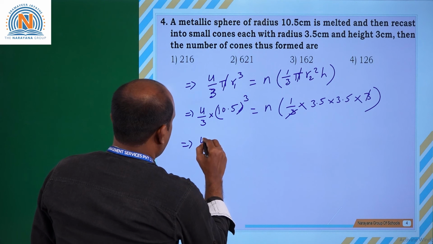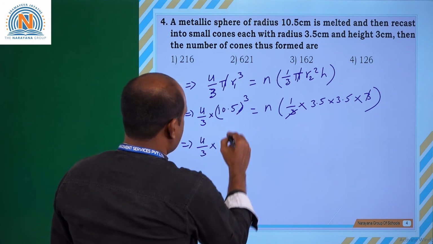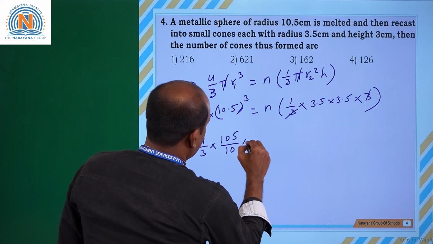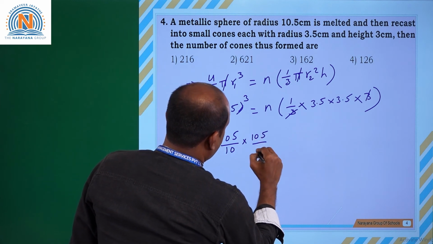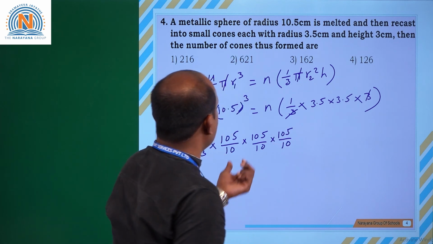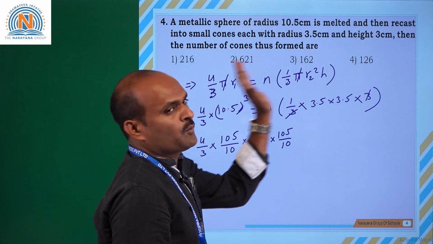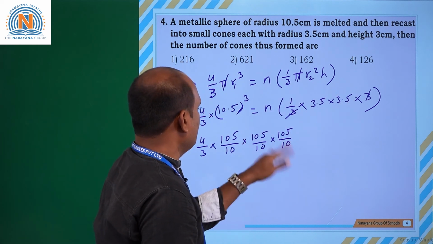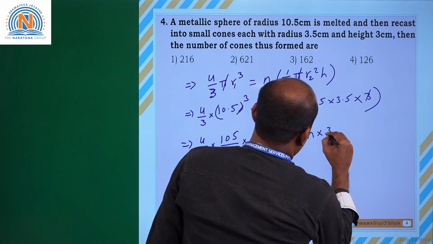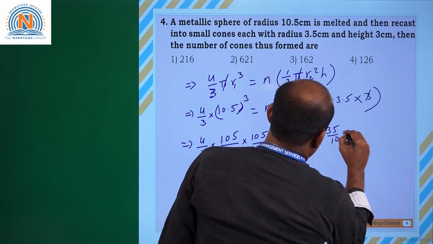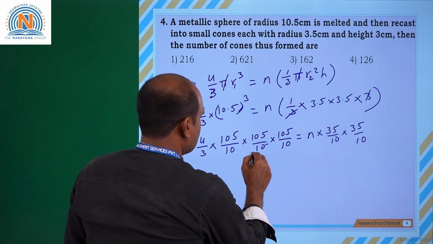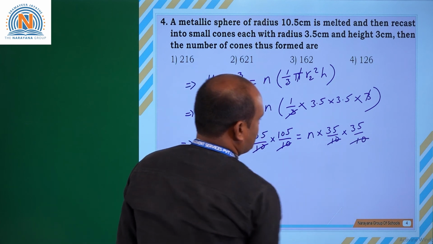That implies 4 by 3 into, for simplification, 105 by 10 into 105 by 10 into 105 by 10. I will multiply and divide with 10, the decimal point moves to the right. 105 by 10 into 105 by 10 into 105 by 10 is equal to n into 35 by 10 into 35 by 10. So the 10s get cancelled, 100.